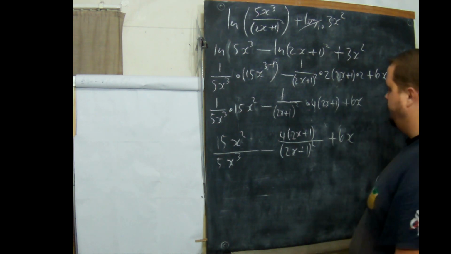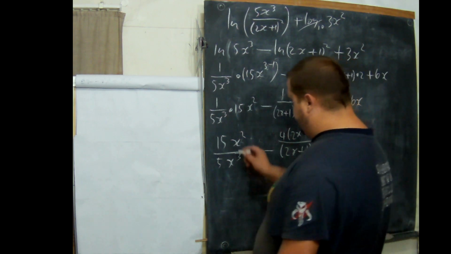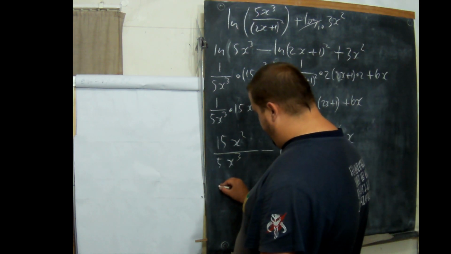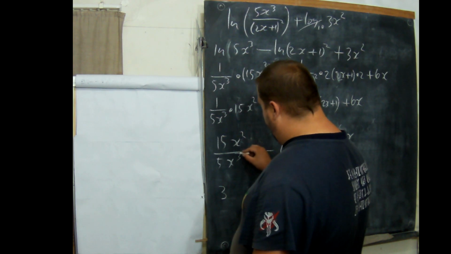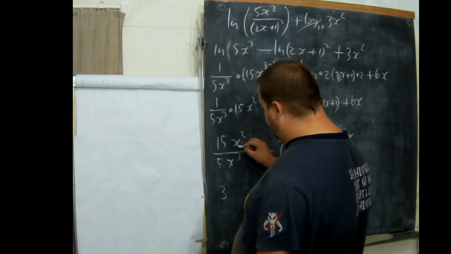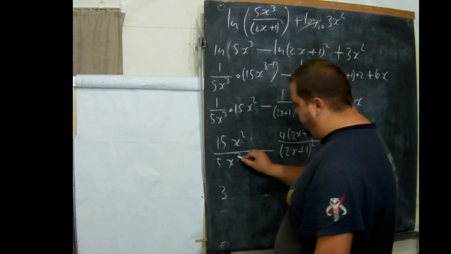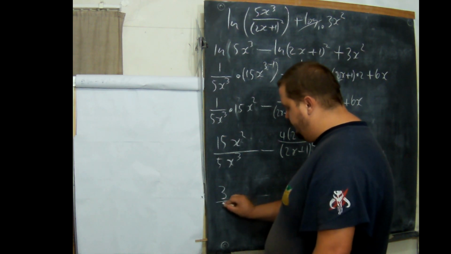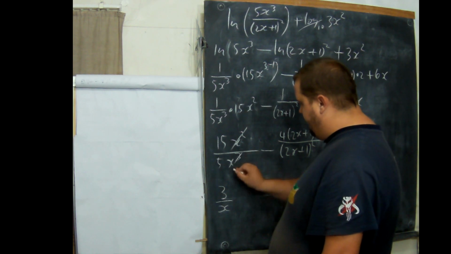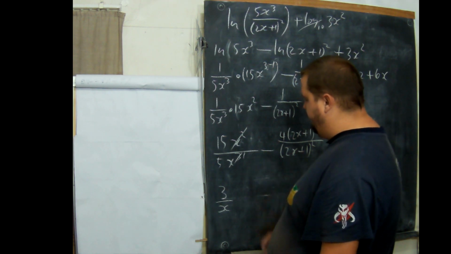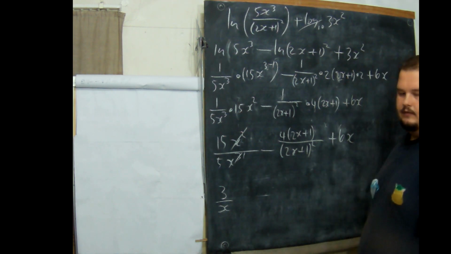Now 15 divided by 5 is 3, and x squared over x cubed leaves x at the bottom. So it's just plain old 1 over x, because that cancels with one of those and you're left with 1 at the bottom.